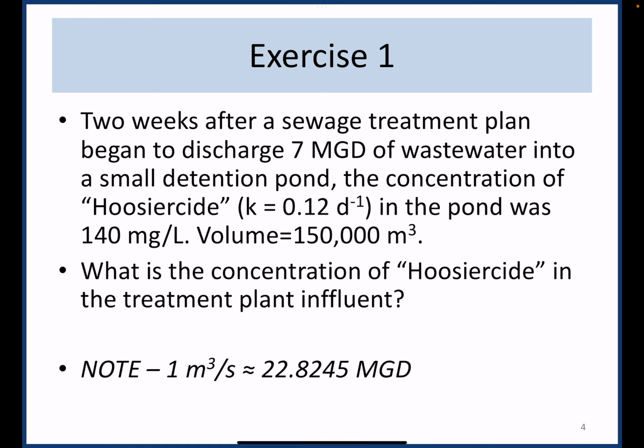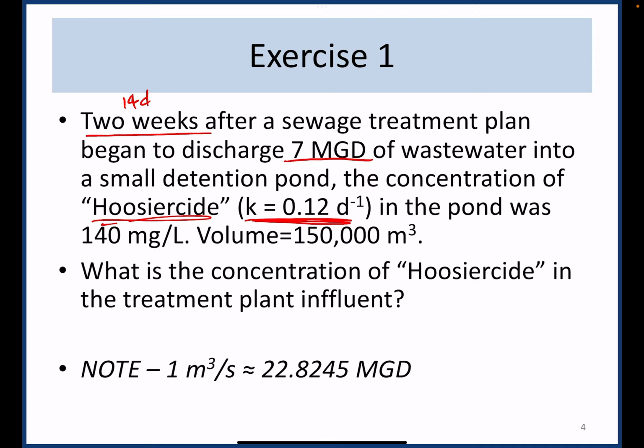Exercise, two weeks, so this is 14 days. After a sewage treatment plant began to discharge 7 million gallons per day of wastewater into a small detention pond, the concentration of a herbicide, which is like a pesticide, decays at 0.12 per day.